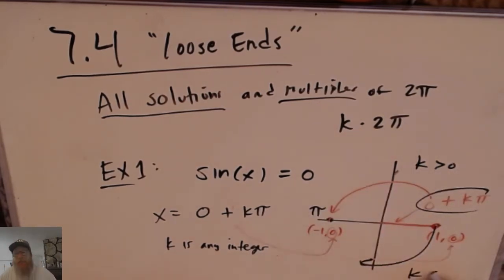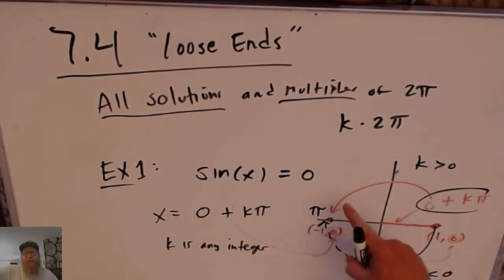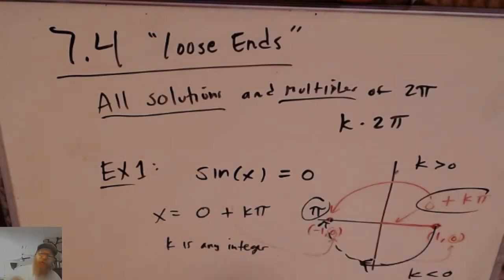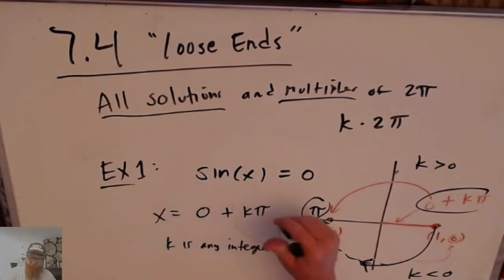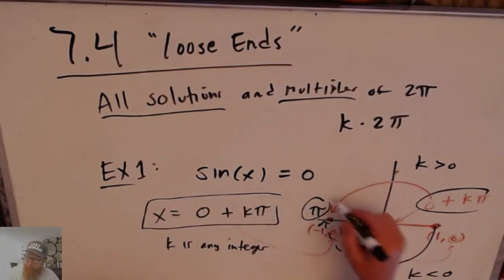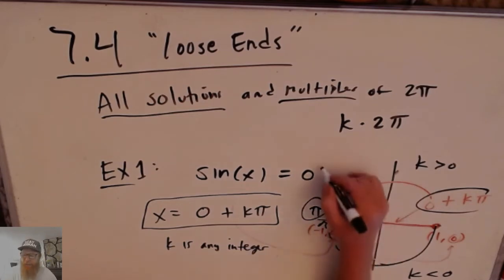If k was negative, then it would be going around clockwise. So this value here would be negative pi if you're going around clockwise. All right, so keep that in mind. It's a special case because it's equal to 0.